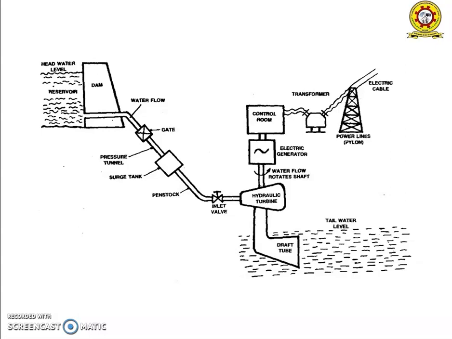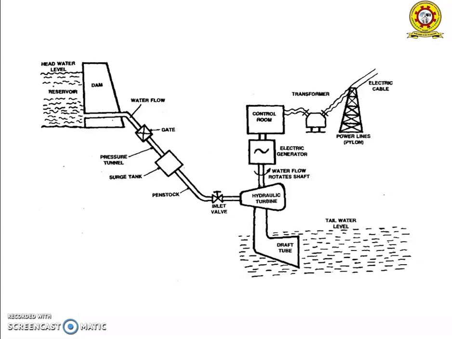If we compare the hydroelectric power plant with the steam power plant, the initial cost is very high and the periphery estimation of the fixed cost of the hydro station is very low. It is easy to locate steam power plants near the load centers. Steam power plants can be operated as desired, whereas the power generated from the hydroelectric power plant depends on the quantity of water available in the storage.